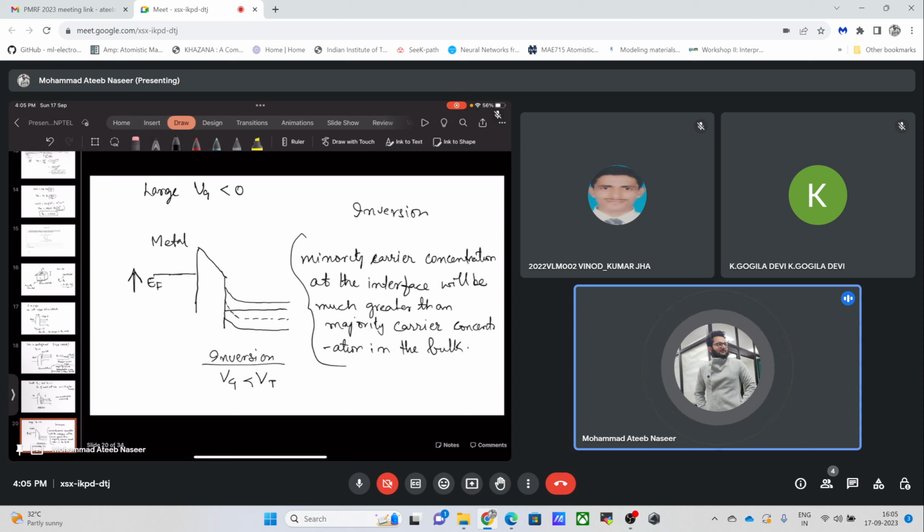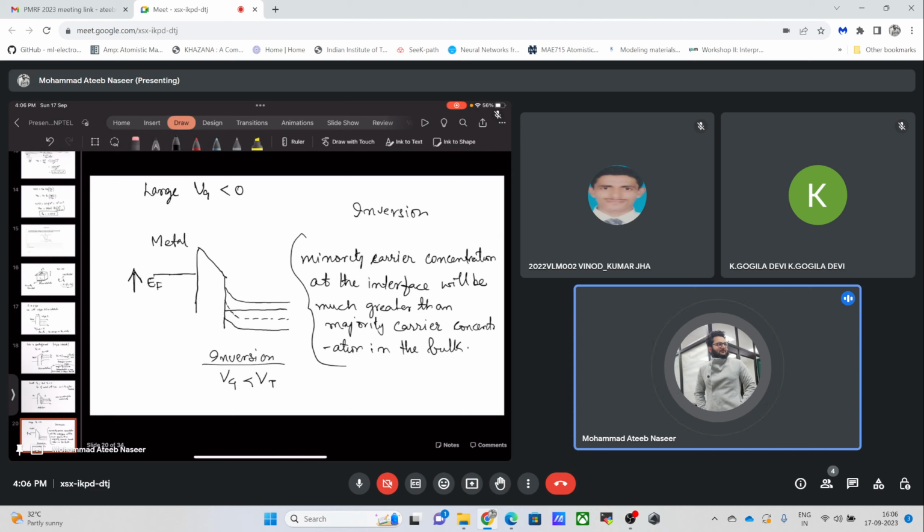Then we tried to deplete the carriers at the interface by applying a small negative bias. This resulted in the uncovering, or exposing, of those positively charged ions at the charged donor sites at the interface. And then the third case was of the inversion, when we had a large negative bias applied to the gate.